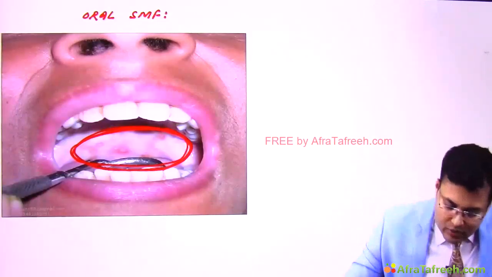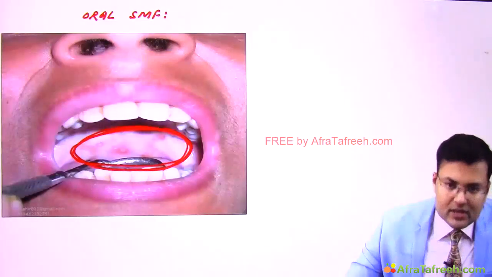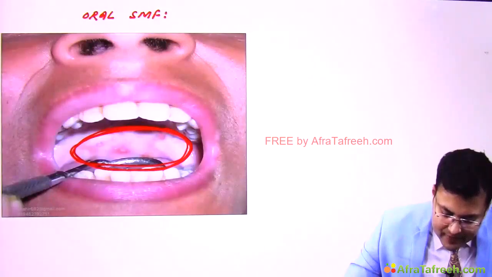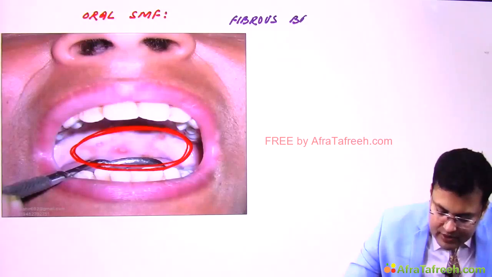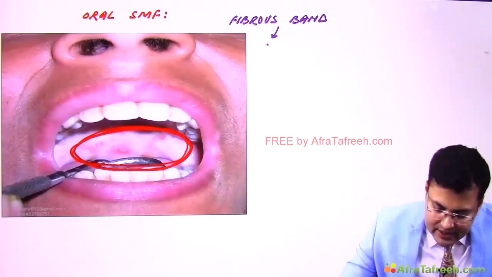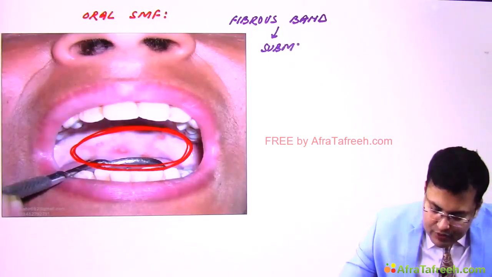Okay, so what is oral submucous fibrosis? The term is self-explanatory. It is characterized by formation of a fibrous band in the submucosa.